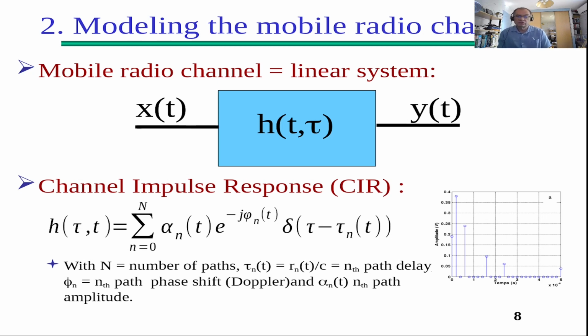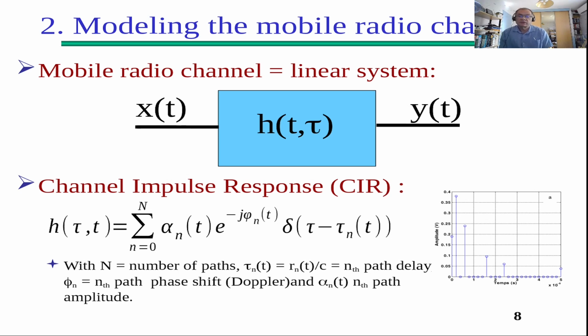The different deltas are delayed by tau n of t, and they are also multiplied by a complex number with an amplitude alpha n of t and a phase phi n of t.